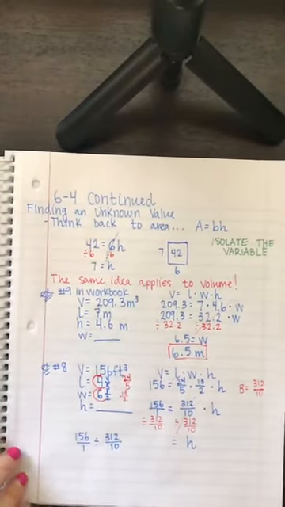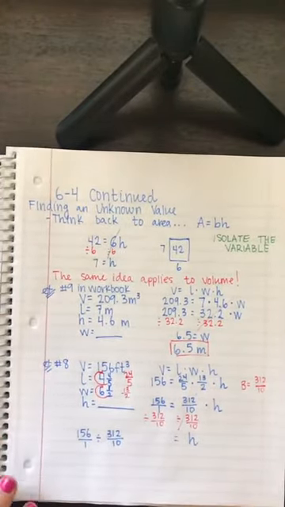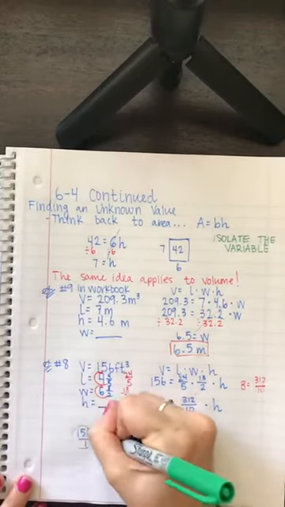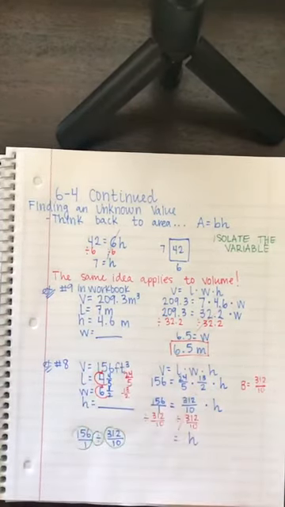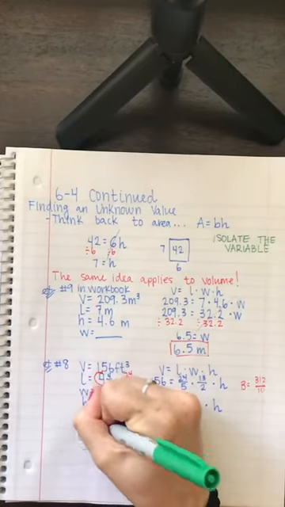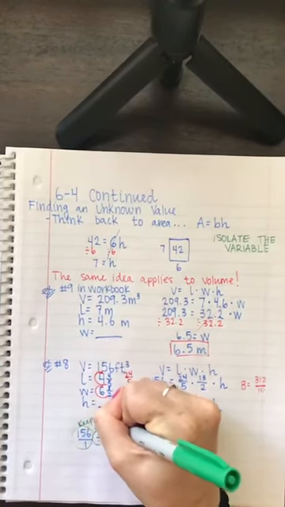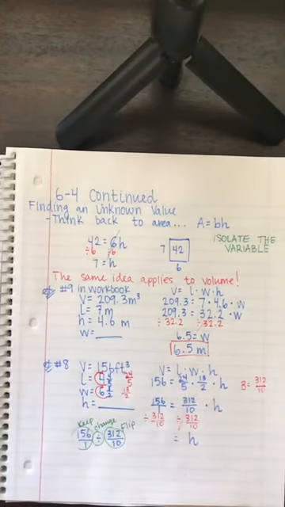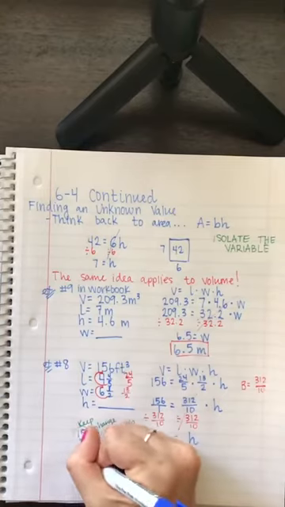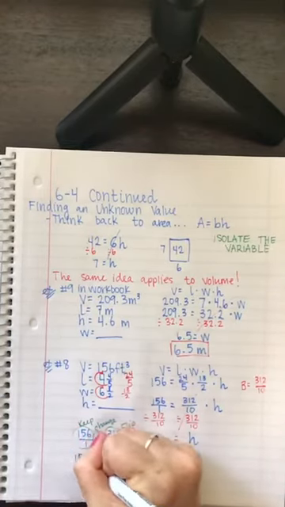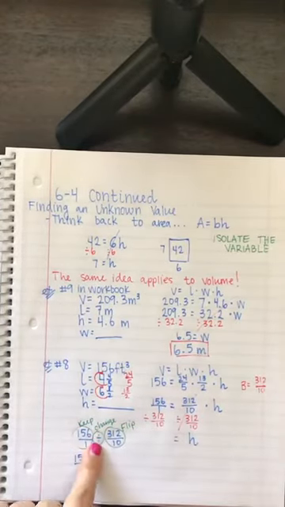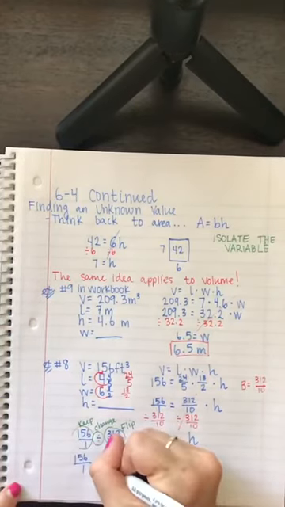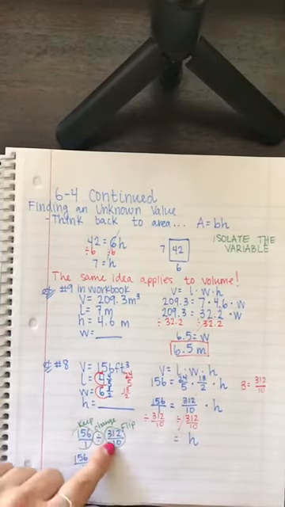Okay, so I'm going to keep it, change it, flip it. So I'll keep 156 over 1, change my division sign to multiplication, and I'm going to flip this one.